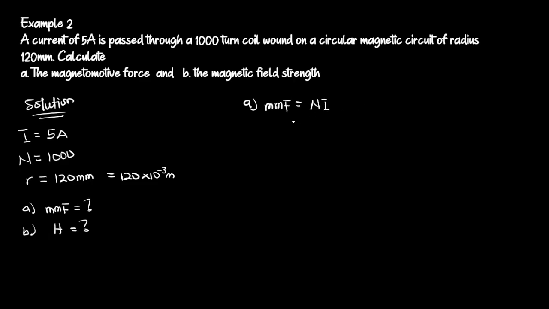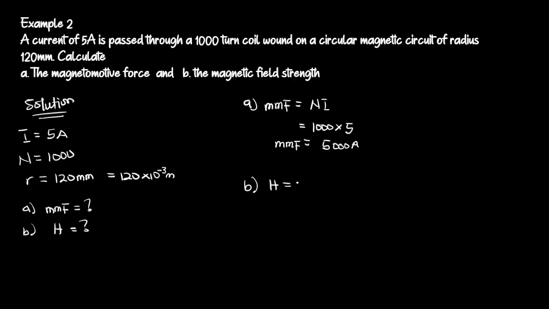Here we have the number of turns given to us, so that becomes very easy. The magnetomotive force is equal to 1000 multiplied by the current, 5, and this will give us 5000 amperes as my magnetomotive force.